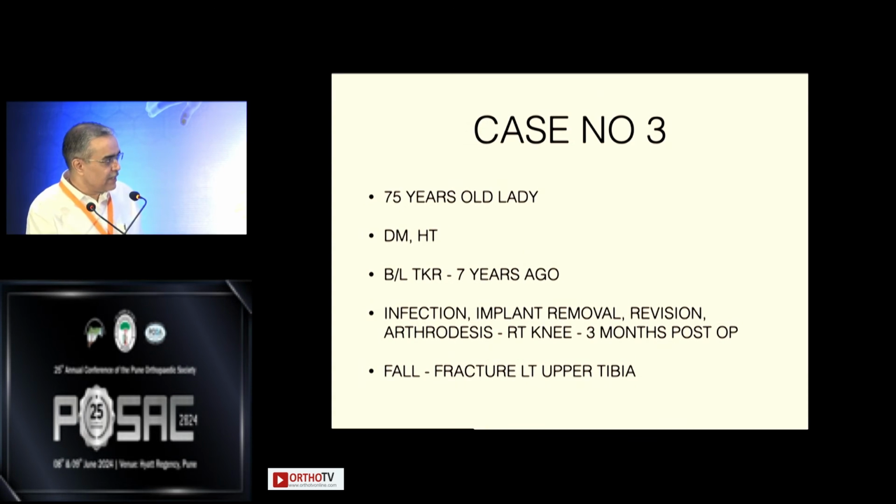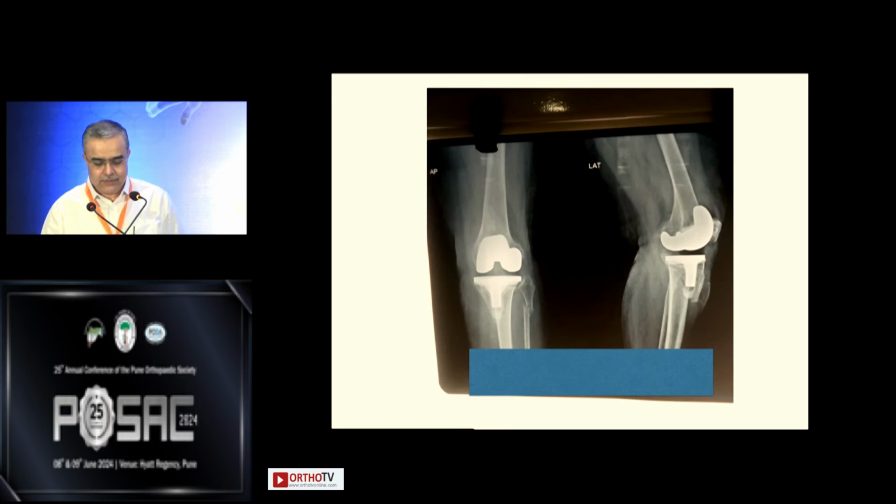Now on the left side, she had a periprosthetic fracture. So the only leg she was walking on was the left side. Right is arthrodesed or fused knee. And this is how she presented to us 6 weeks after the injury. Initial surgeons tried to conserve this in a long knee brace. So the opposite knee is fused, and this is how we did it.